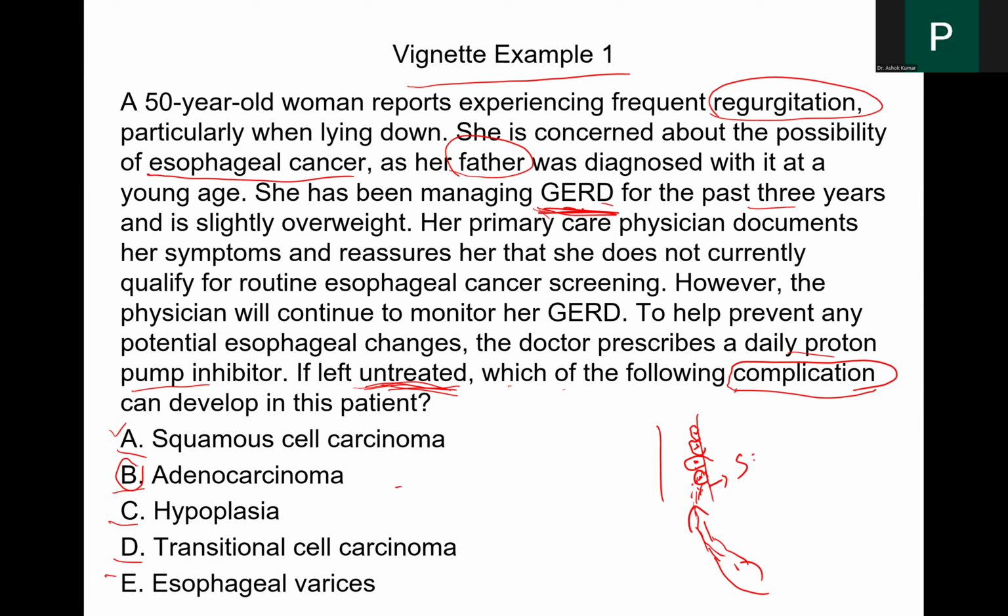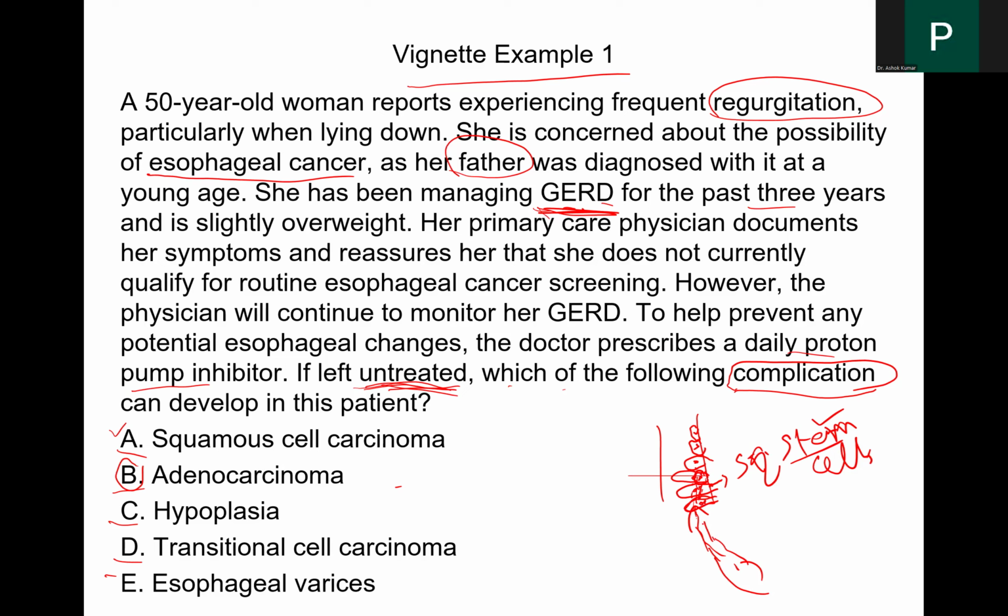So now the squamous stem cells reprogram to produce columnar-shaped cells. So now there are columnar epithelial cells.